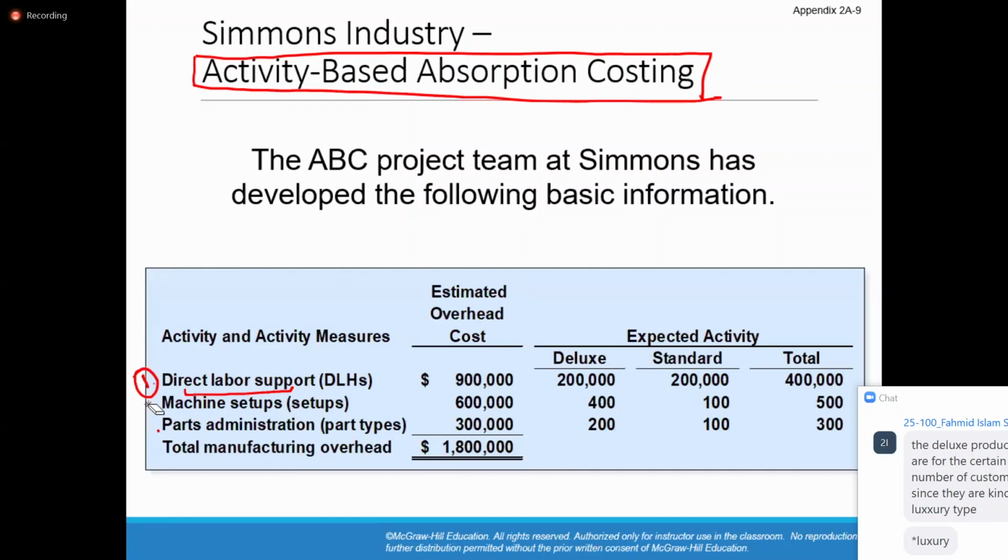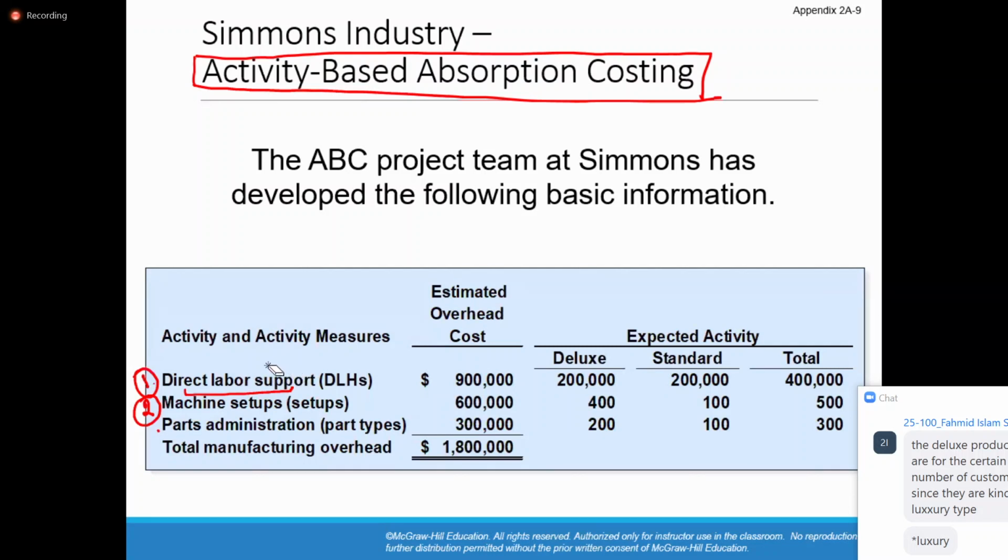So we see that this is another activity for setting up machine. It is usually more connected to a batch. Okay, we are discussing the batch activities. So these are some activities related to batch.